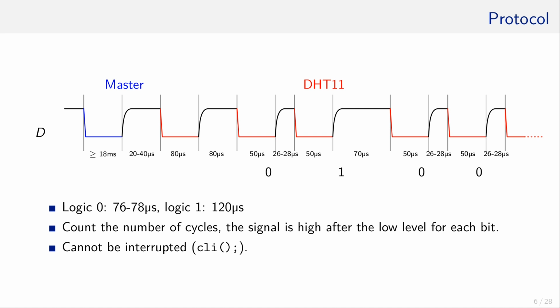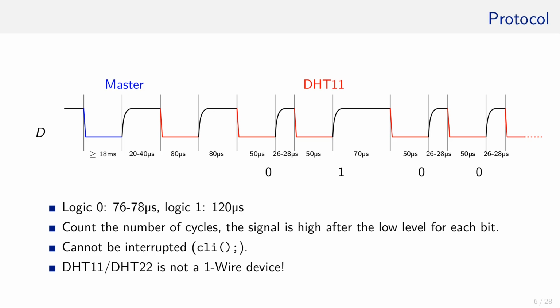Since the events have to be measured in quite an accurate way, long ISRs cannot be used during the communication. Executing a long ISR might miss some events here and there. And that is how they communicate.